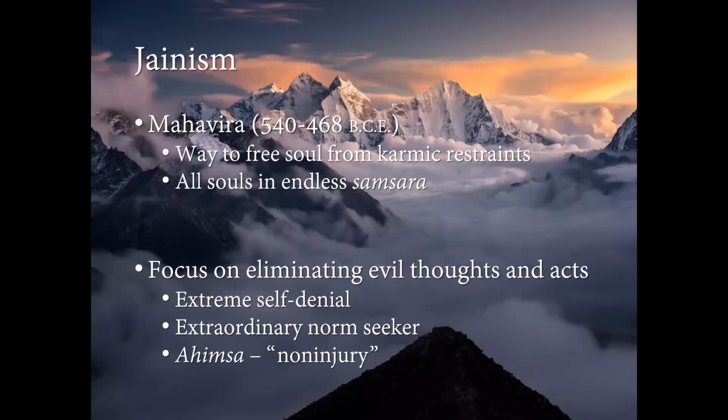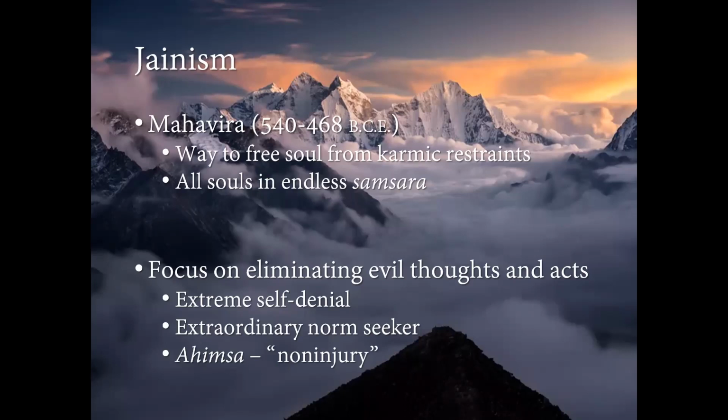In Jainism, however, most Jains are not monks. They have a monastic order that practices in the extraordinary way that's more like Mahavira and his extreme asceticism. They take vows not to kill, not to steal, not to lie, not to engage in sex or anything like that, or to own anything, I should say.